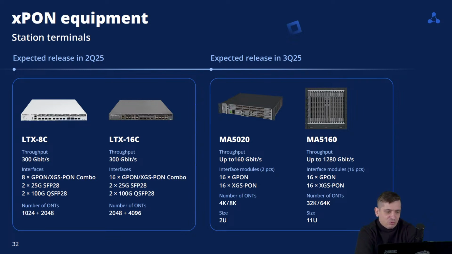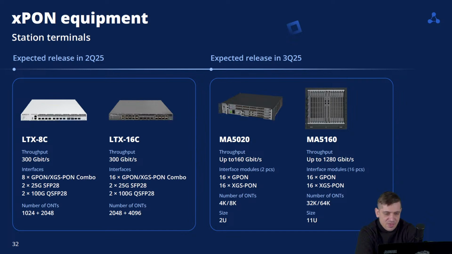So the number of ONTs that can be connected to these devices ranges from 1,000 to 4,000, accordingly for LTX 8C and LTX 16C. And later in third quarter of 2025, some new modular devices like MA5020 and 5160 will appear.